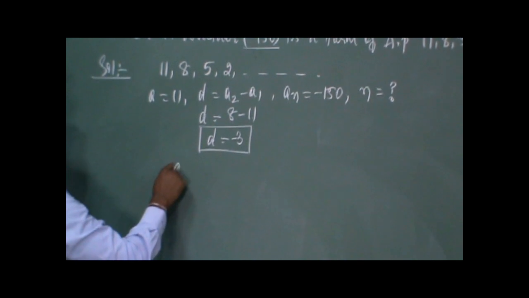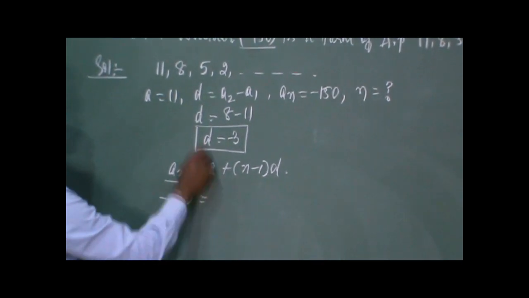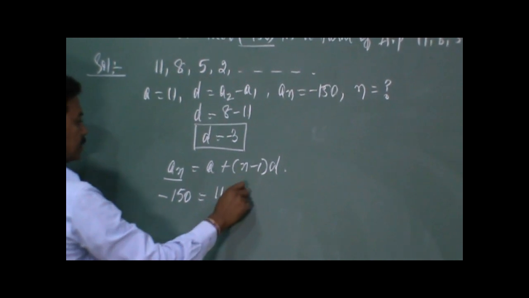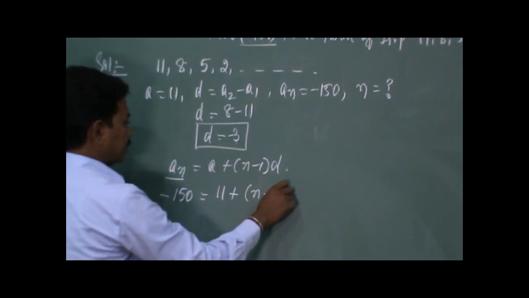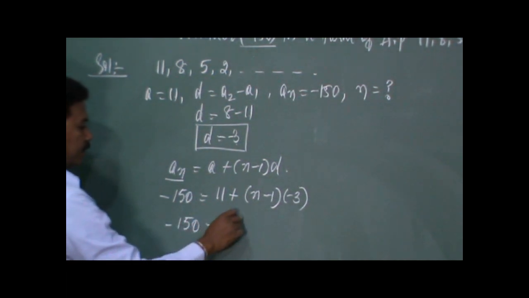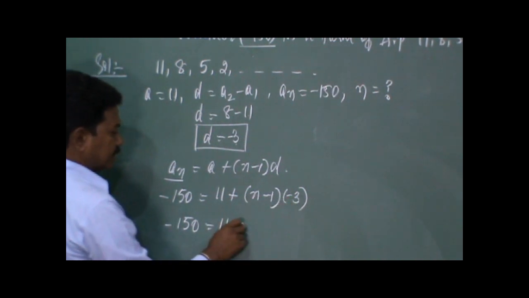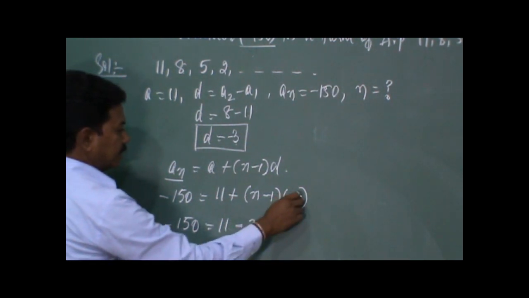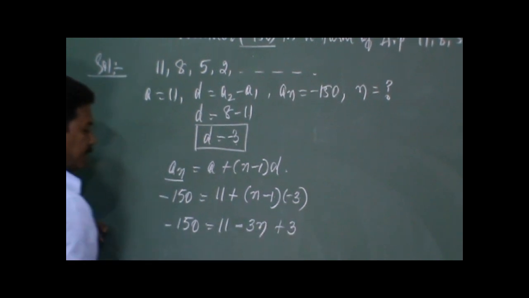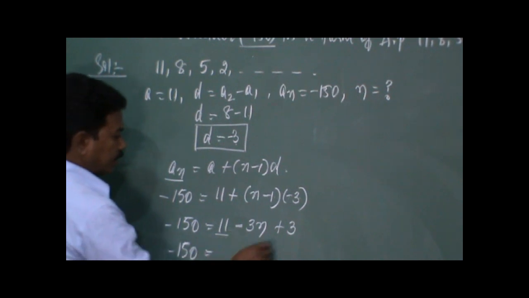So apply the formula: a_n is equal to a plus (n minus 1) into d. So the nth term, minus 150, is equal to a, which is 11, plus (n minus 1) into d, which is minus 3. So minus 150 is equal to 11 plus n into minus 3, which is minus 3n. Minus 3 into minus 1 is plus 3. So minus 150 is equal to 11 plus 3 minus 3n.